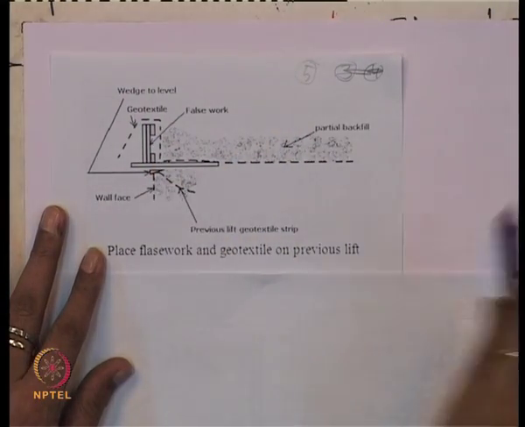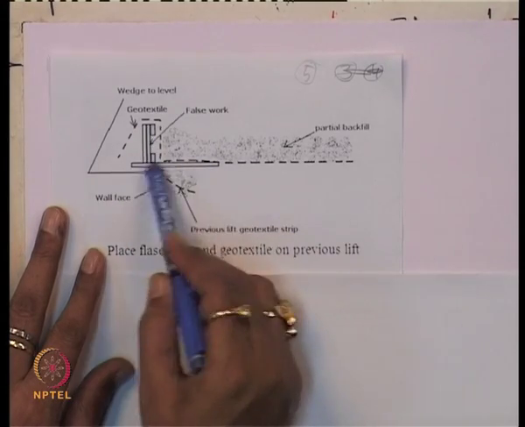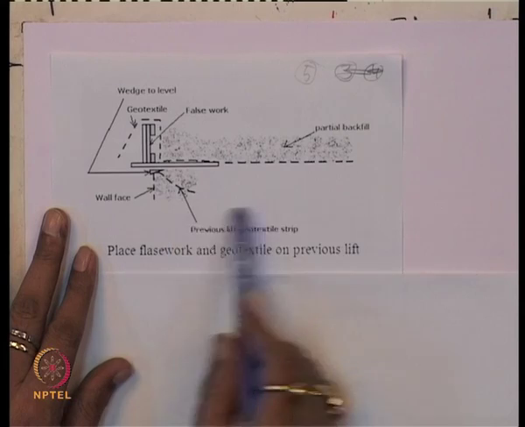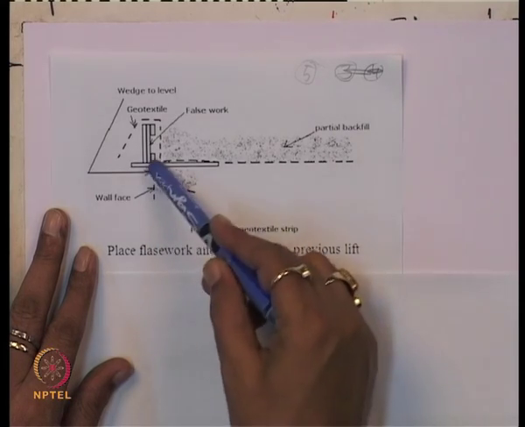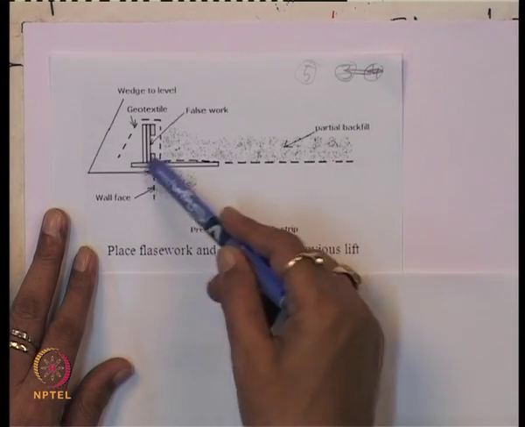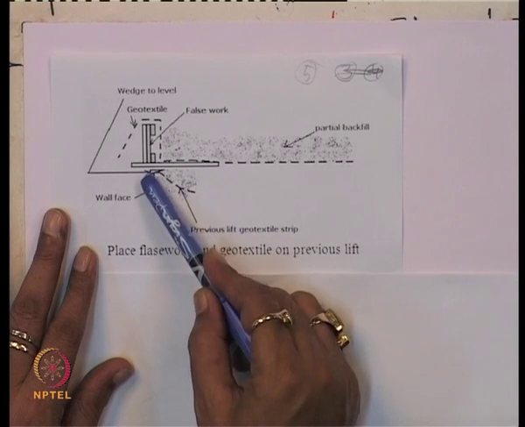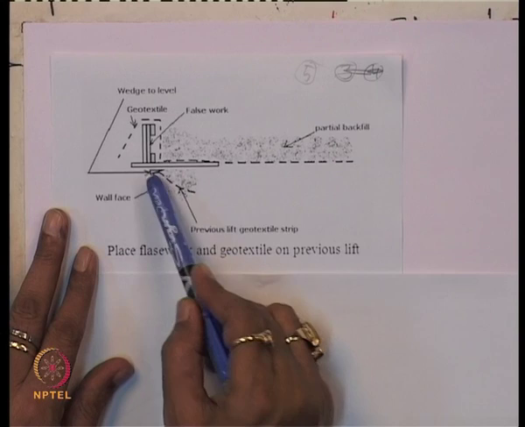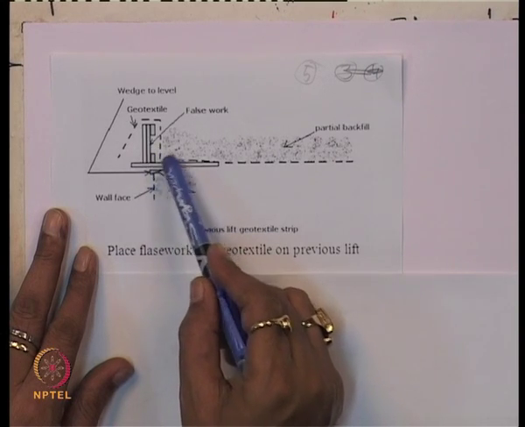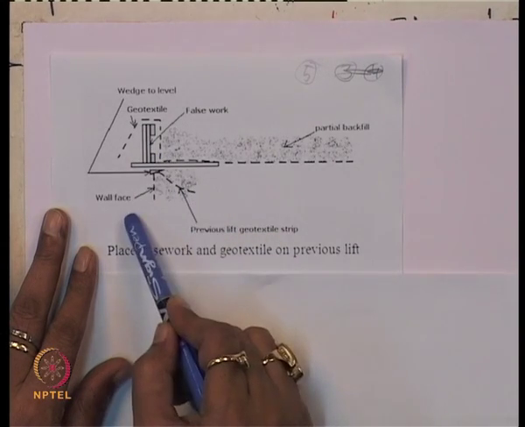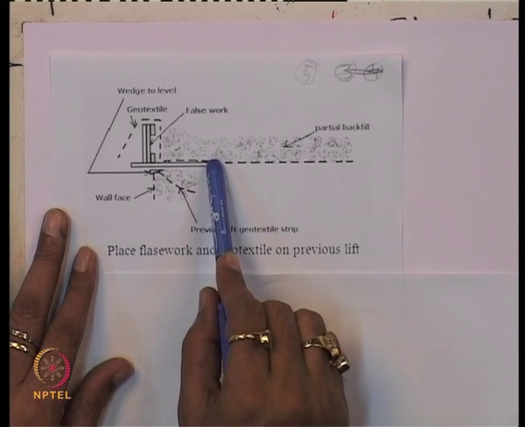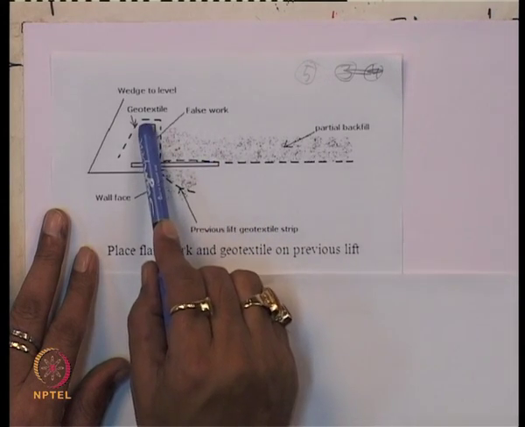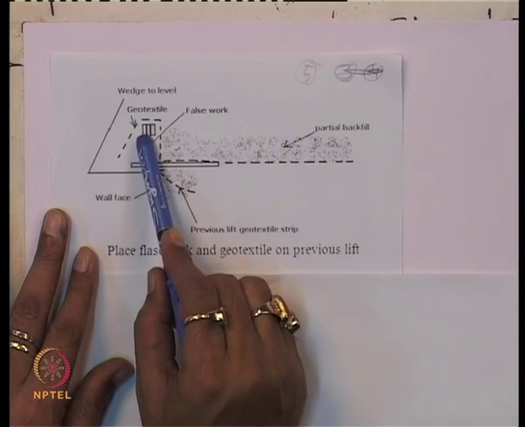Previously it was here. This is the previous lift geotextile strip. This is the wall face. Then this is the wedge to level, and then the wooden face is removed from here, and then you have to place it over this compacted layer.